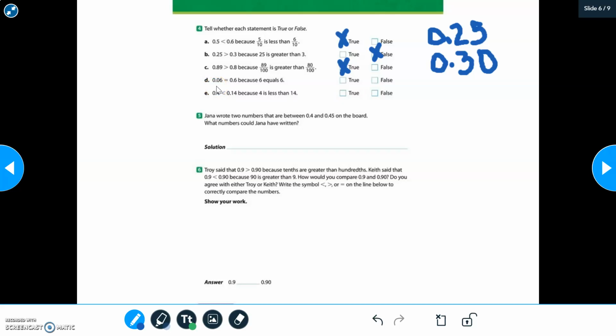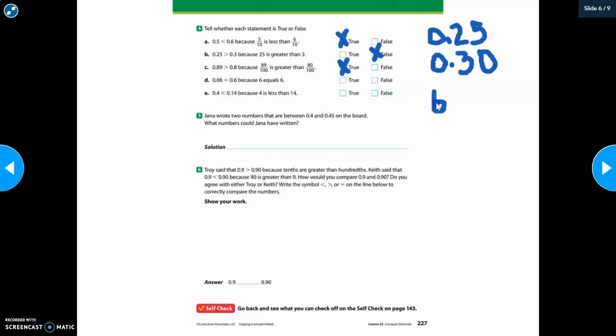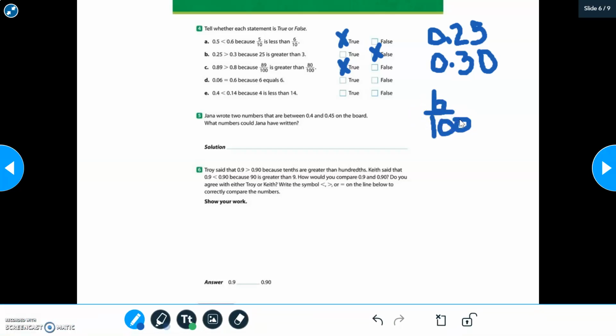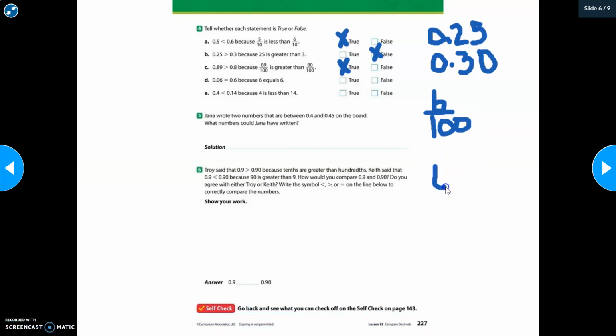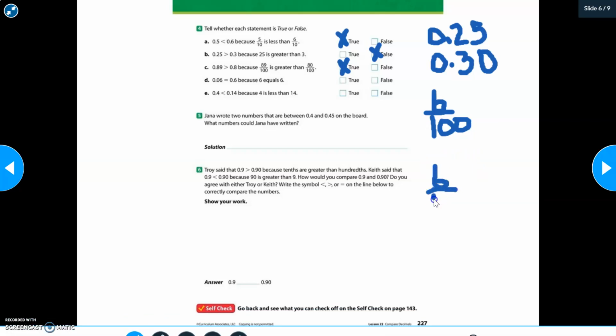D says 0.6 is equal to 6/10 because 6 is equal to 6. That is true. 6 is equal to 6. However, when it comes to decimals and comparing them, this is actually not correct because, let's write it as a fraction. Maybe we can see it a little bit better as we write it as a fraction. 6/100, and let's compare that to 6/10. But that fraction has a different denominator, so let's make it equivalent real quick.